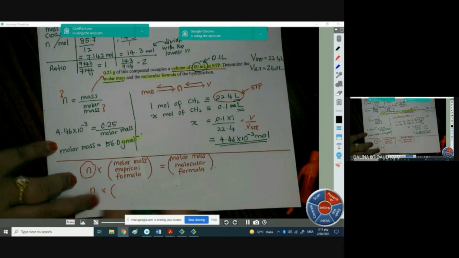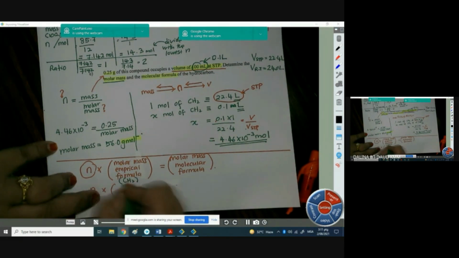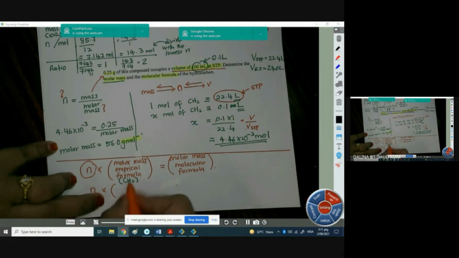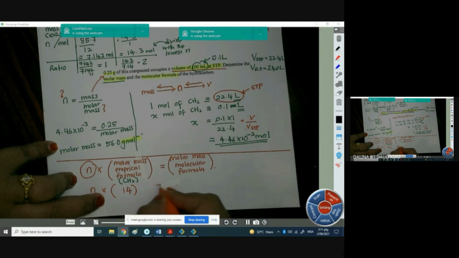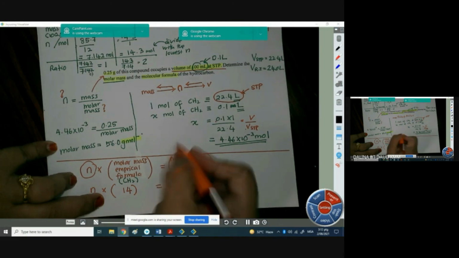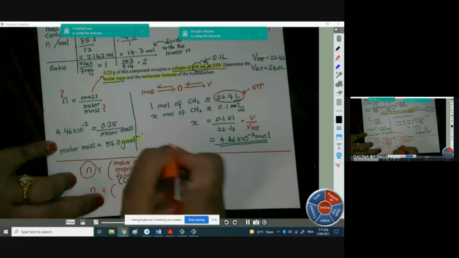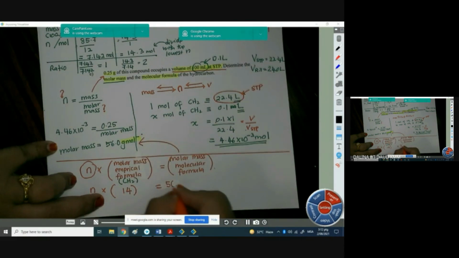So kita nak tahu berapa dia punya molar mass. So 12 campur dengan 2 sama dengan 14. Sama dengan molar mass of molecular formula yang kita dapat tadi. Molar mass tadi 56. So berapa N?